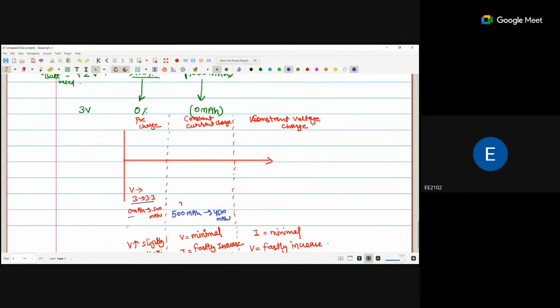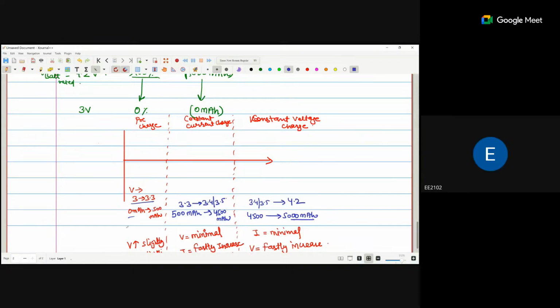Then voltage will be increased from 3.3 to 3.4 or 3.5. So voltage will have a minimum increase, but current will be increased fast. And in the constant voltage stage, now the voltage will be increased from 3.4 to 3.5 to 4.2, and current will be increased from 4500 to 5,000.